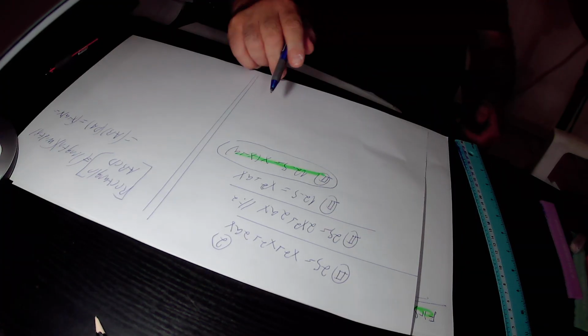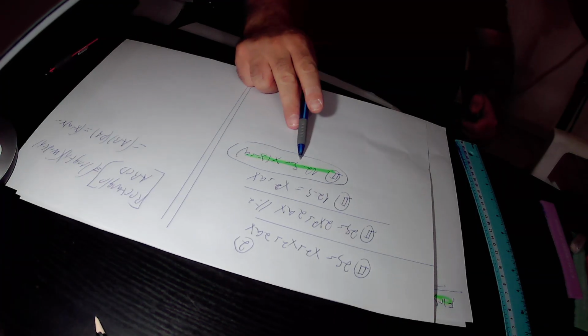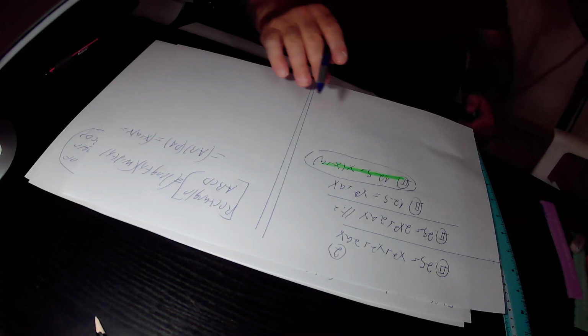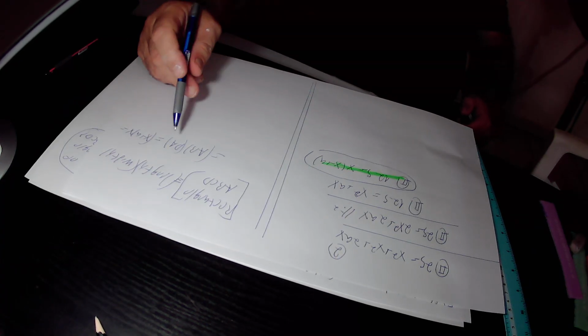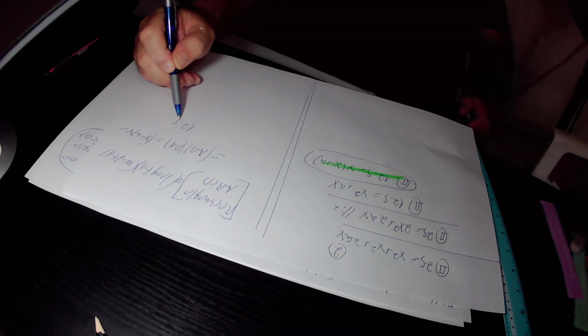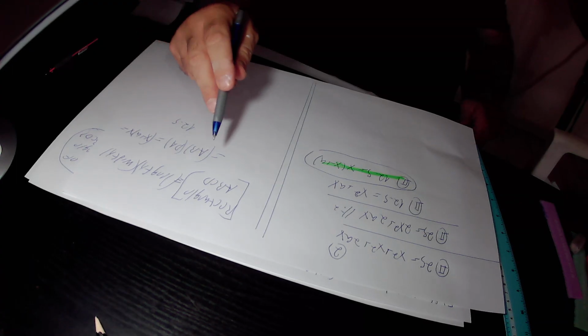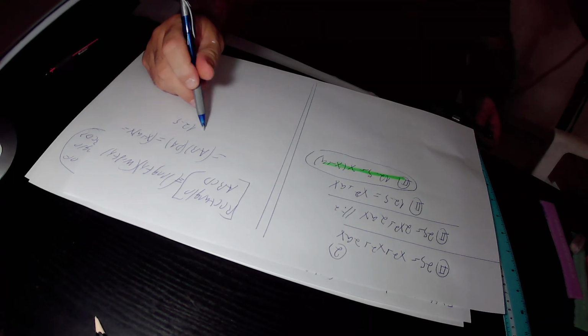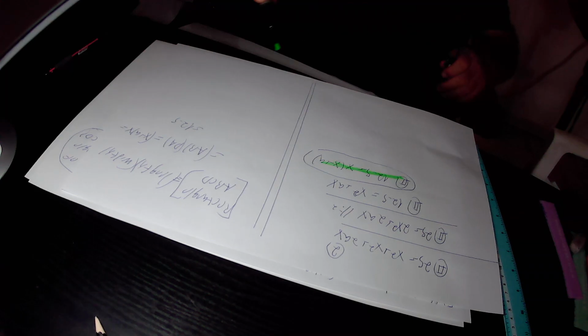But according to equation 2, x times (x plus a) equals 12.5. So in total, we found out that the area of rectangle ABCD is equal to 12.5 square units.